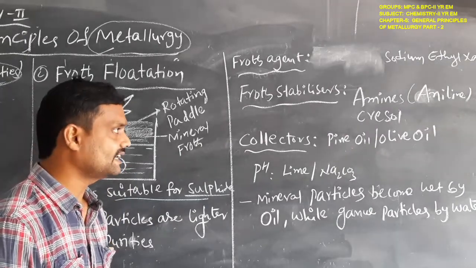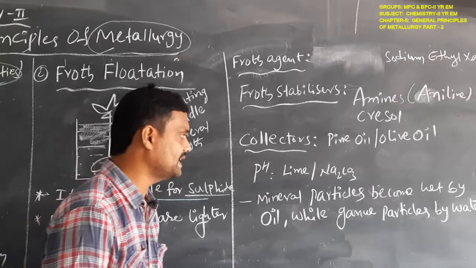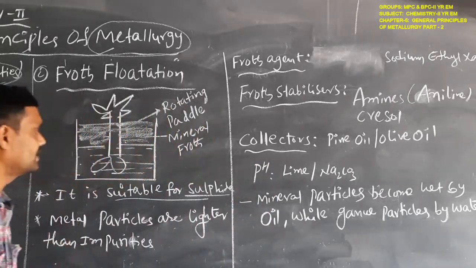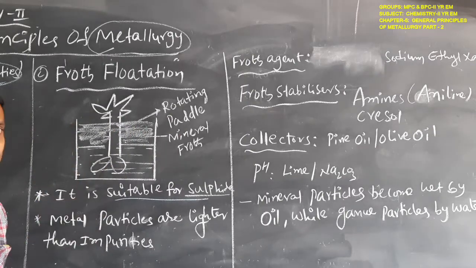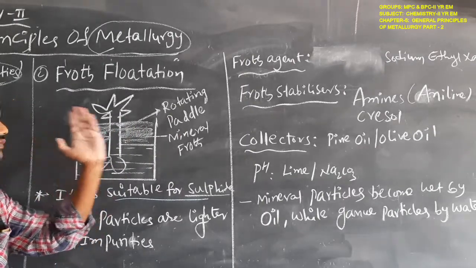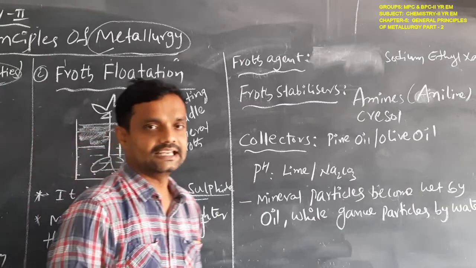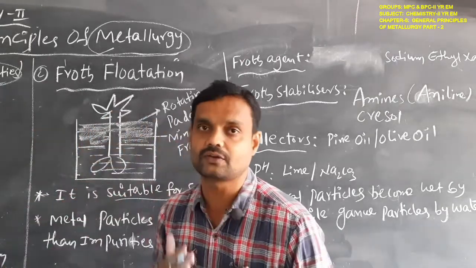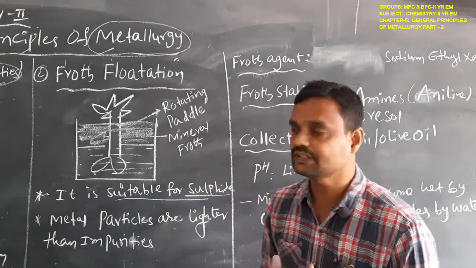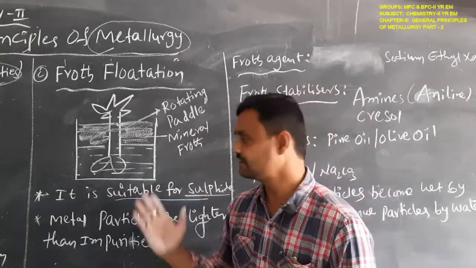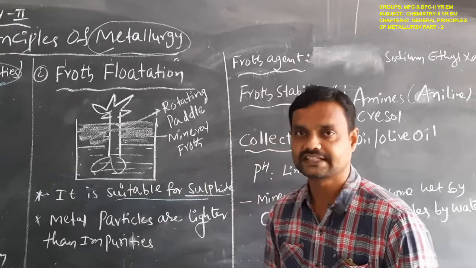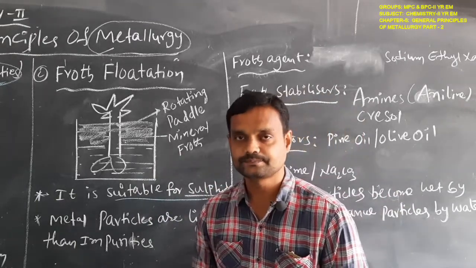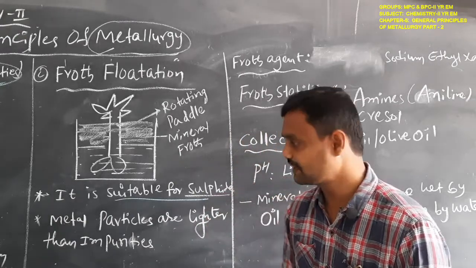And also, for maintenance of the pH, lime or sodium carbonate is added to this vessel. Okay students, this is froth flotation. This method is applicable only for sulfide ores. We take a vessel, and in it we put the powdered sulfide ore.